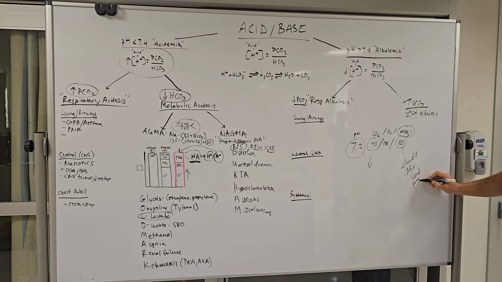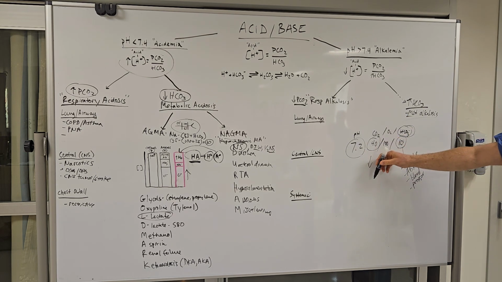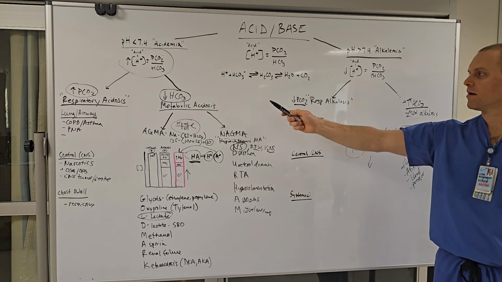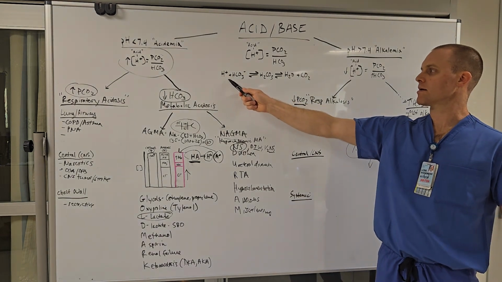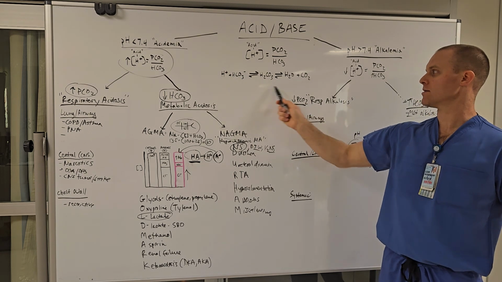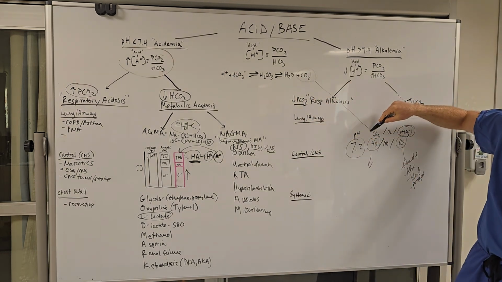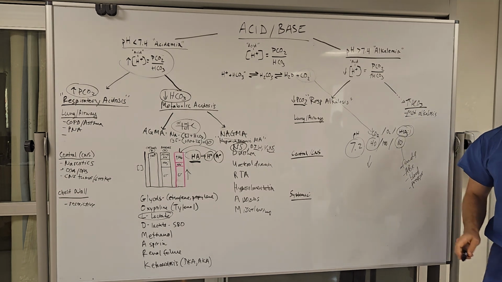Pressors. But in the meantime, we've got to decrease our CO2, because remember, when our acid is combining with this and this is coming out of solution, we're creating more of this. So we've got to breathe it off.